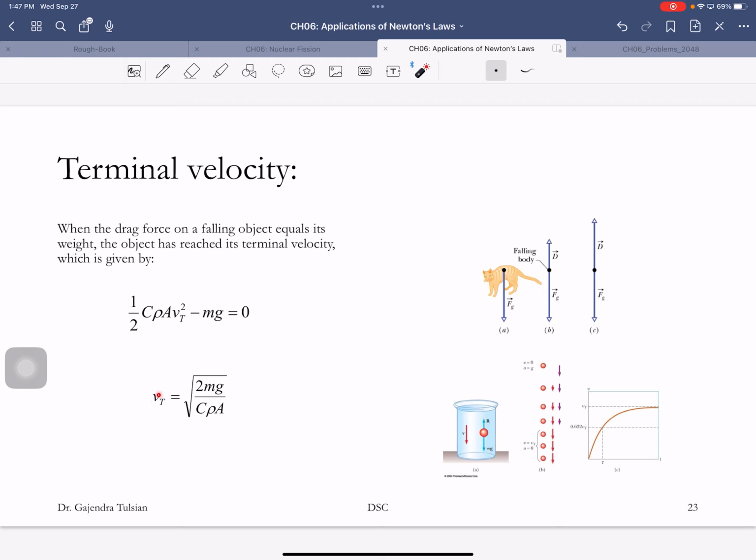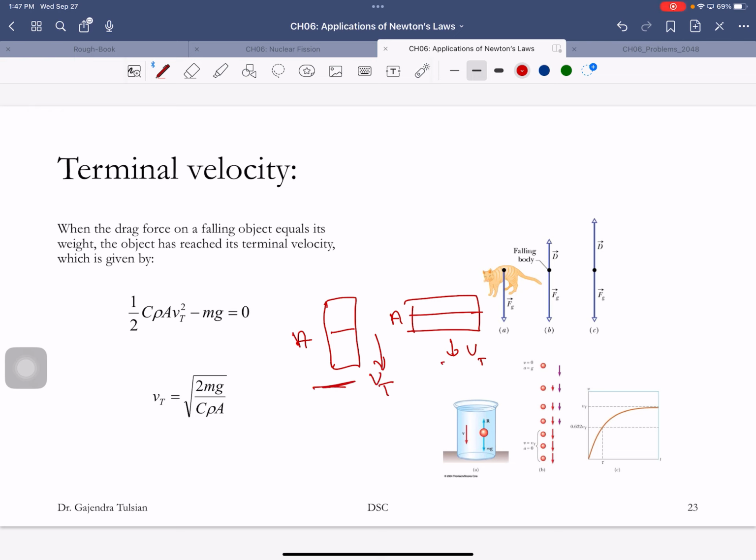If you want to increase your terminal velocity, the easiest thing to do is decrease your area of cross section. Falling this way, there's the area, and falling this way, that is the area. So this terminal velocity is much smaller than this terminal velocity.